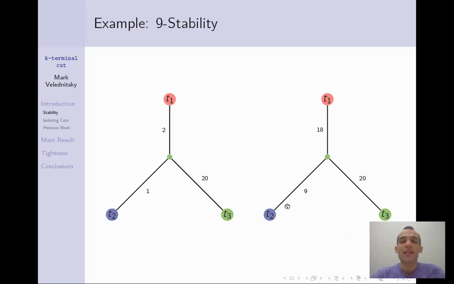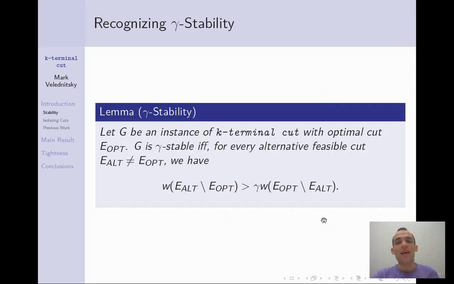And the reason for that is because this edge that they have in common, this edge of weight 9, gets multiplied by gamma in the optimal cut and also in this sort of alternative cut that we want to become the optimal cut in the perturbation. So we need a slightly different statement that discounts the edges that they have in common. And here's the statement.